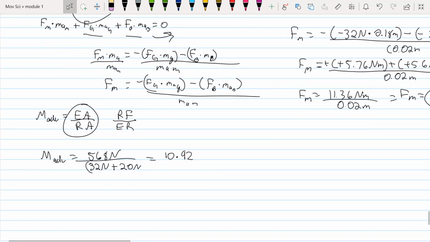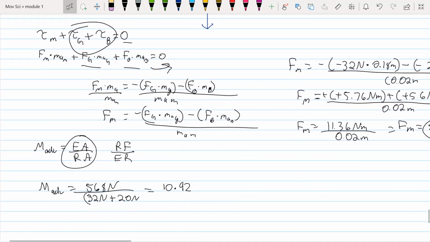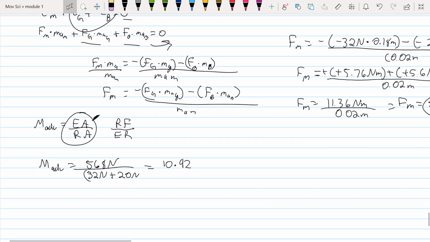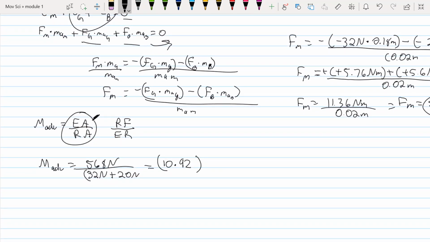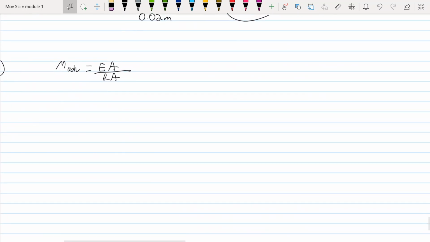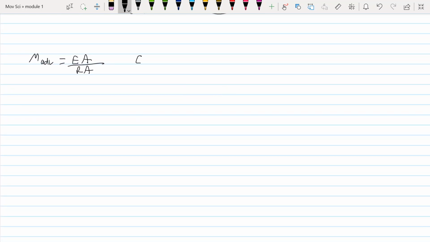Okay. Now, does that make sense? If we use the book equation to find the mechanical advantage of each force, it will be around here. Let me explain. If we use the book equation, the mechanical advantage equals the effort arm over the resistance arm.